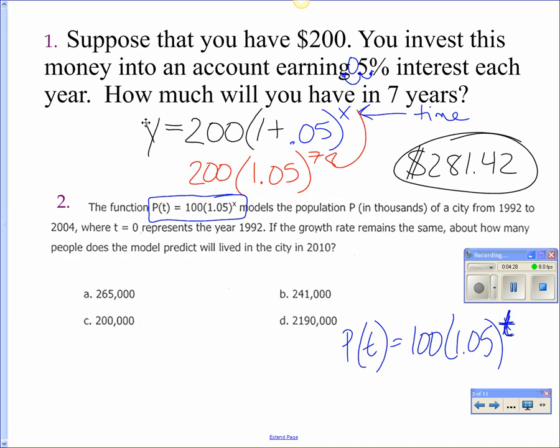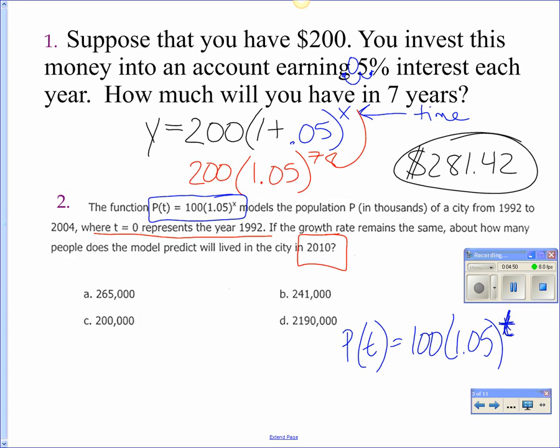I want to know what the population is in 2010. In 2010. Do not put in 2010 right there. Don't put in 2010. Let's see what T stands for. T, all right, is going to be 0 in 1992.